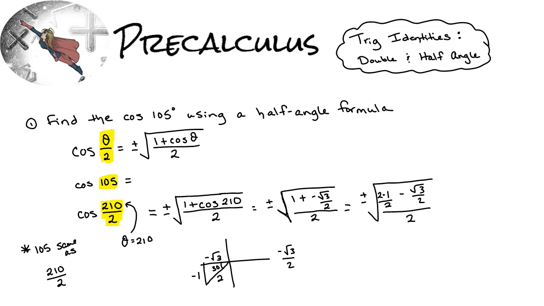So then I can do plus or minus the square root of 2 minus rad 3 over the common denominator of 2, and still divided by this other 2 in the bottom. Maybe think of that as divided by 2 over 1, because then we could just multiply by the reciprocal.